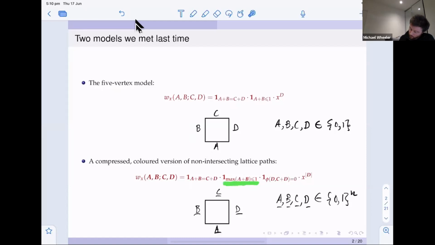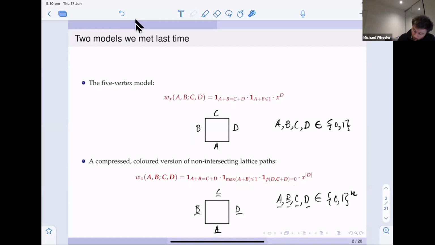Finally, there was an extra indicator function that eliminated the possibility for 2 paths of different colors to cross. That was the reason we referred to this as a sort of compressed colored version of non-intersecting lattice paths.